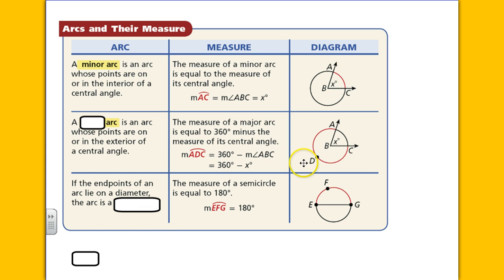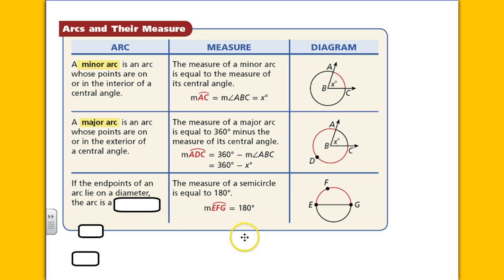And a major arc, this is the major arc, is equal to 360 degrees minus the central angle. So it is all the points that are on the exterior part of the circle from the central angle.